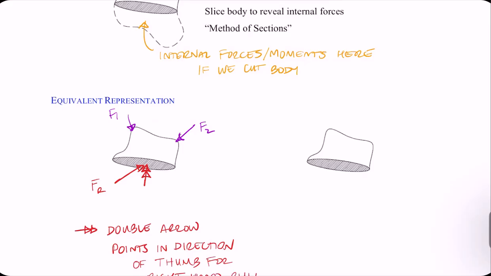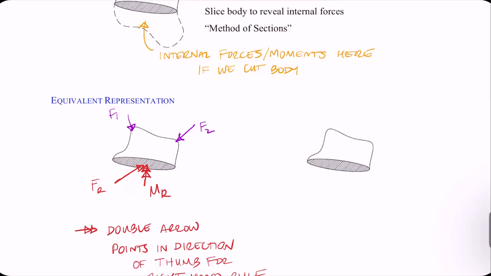So if you take your thumb, you point it in the direction of the double arrow, the way you are curling your fingers would be the resultant moment. It would look something like that. Thumb in the direction your moment is curling that way with your fingers. So you could draw it that way.